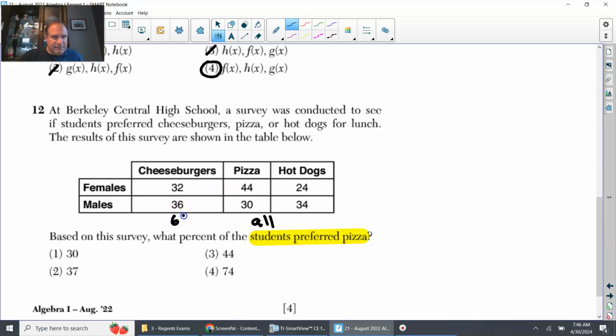This is 68. I'm adding them. So this is 74. And adding. And this is 58. All total, if you add up all of those, 74 plus 68 plus 74 plus 58, that equals 200 total students.